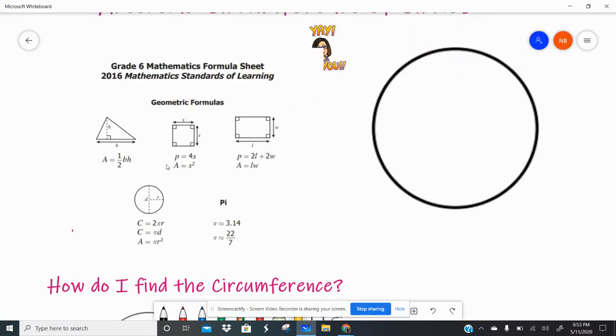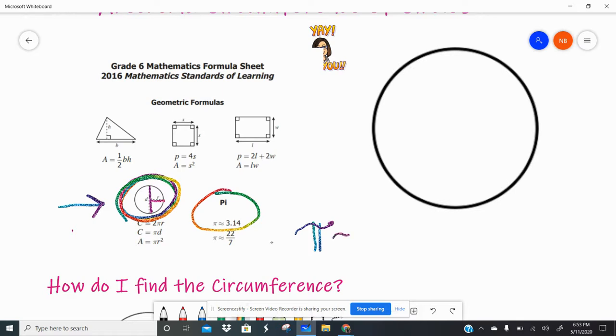Remember, if you forget any parts of the circle, there's a diagram right here. Diameter is the full length of the circle, radius is half, from the center to the edge. Pi is right here. Remember, we do not use the symbol for pi on the calculator. We will literally type in 3.14.